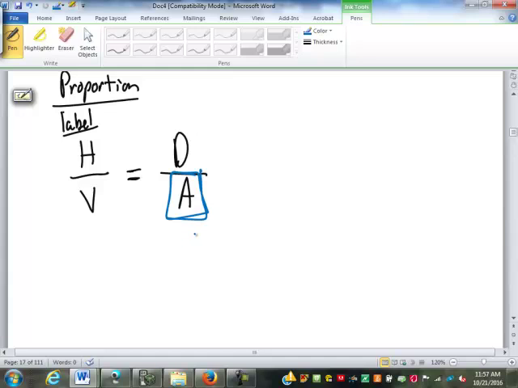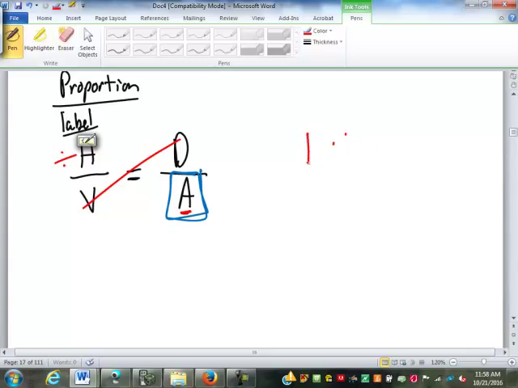You might recognize this formula from test 2. It was one of the formulas we were asked to rearrange. I think you were asked to solve it for A. If I were to solve this for A, it's a proportion, by the way. If there was numbers in here and I was missing this spot, I would cross multiply and divide. D times V and divide by H. In fact, I'm going to write it like this.